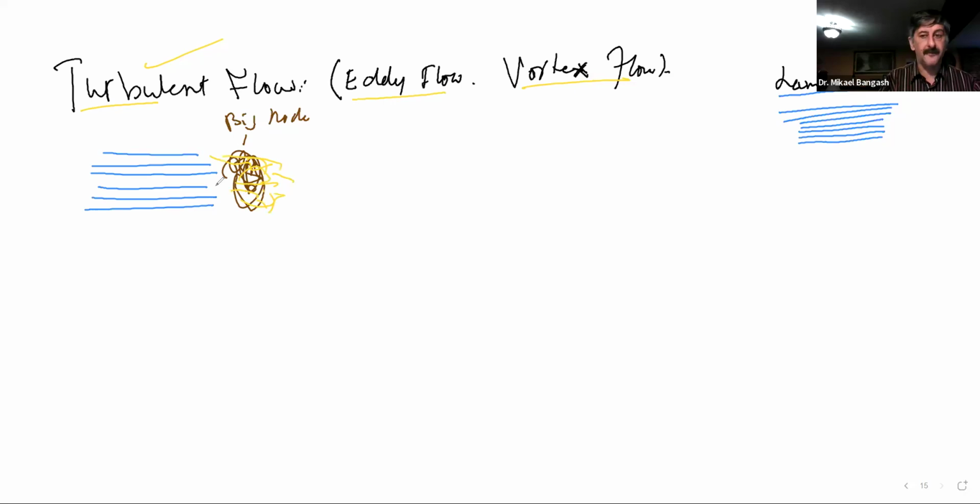Now, the effect of turbulence is that not only is there going to be different speeds in different lanes, where you may have speeds over here going sky high, but also flow in different directions.